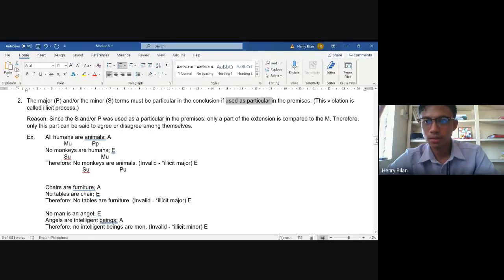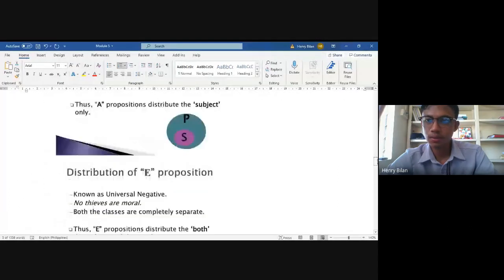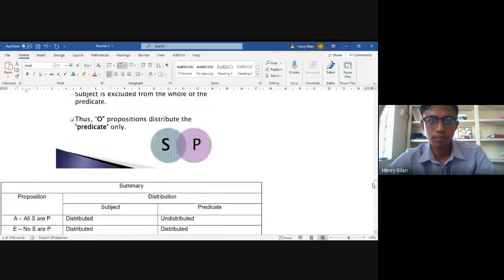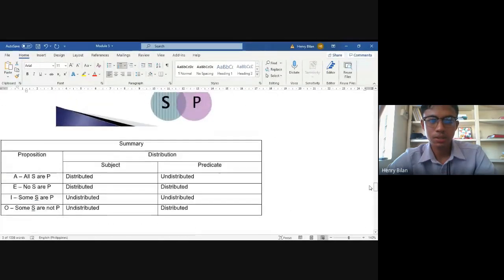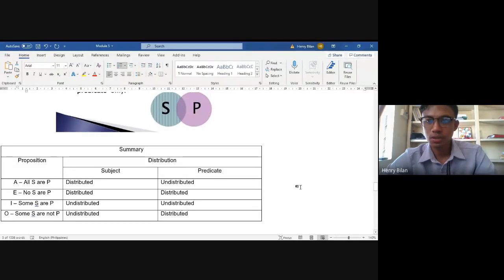Okay, let us understand this. Punta tayo dito. Kung kailan ba natin sinasabi na particular and universal yung mga terms natin. So remember that we only have 4 propositions: A, E, I, O. Master this. And in a proposition, we have the subject and the predicate. For the A proposition, the subject is distributed.